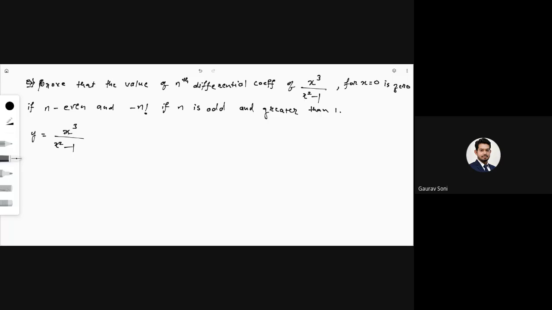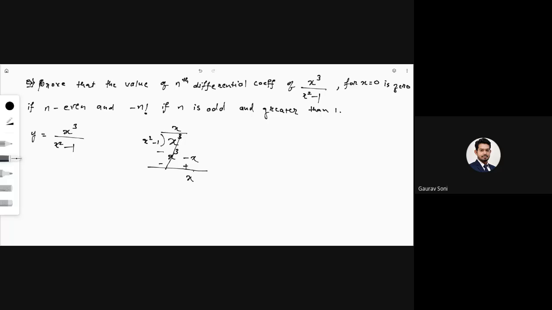As I can see that the degree of the numerator is greater than the degree of the denominator, we do the long division. Dividing x cube by x square minus 1, multiply by x: x cube minus x. The minus sign makes it cancel out, and what we have is x.